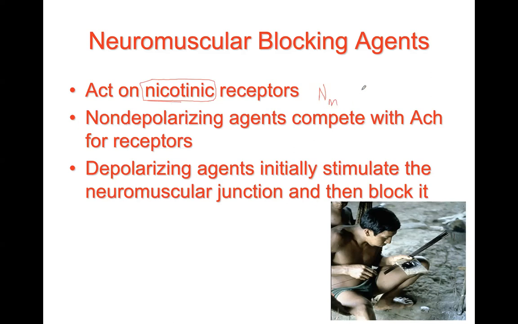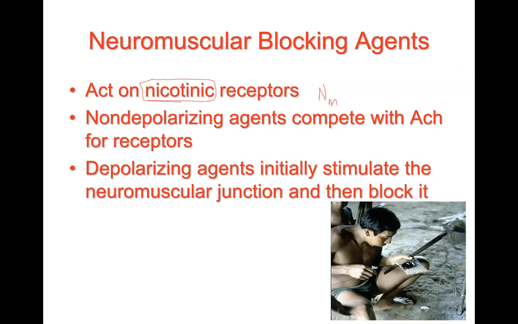So we have two types of agents. I've got a couple of little videos for you guys tonight to look at, very short, 2 to 3 minutes, I think, that talk about these neuromuscular blocking agents. One is called a non-depolarizing agent, and the drug itself is going to compete with acetylcholine for the receptors.